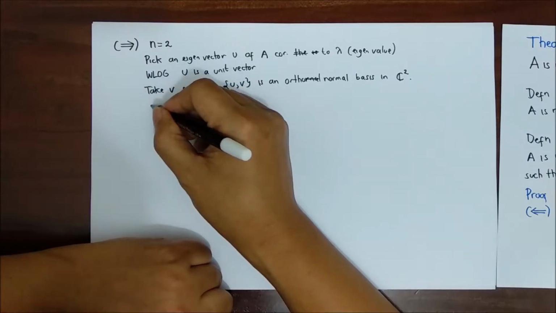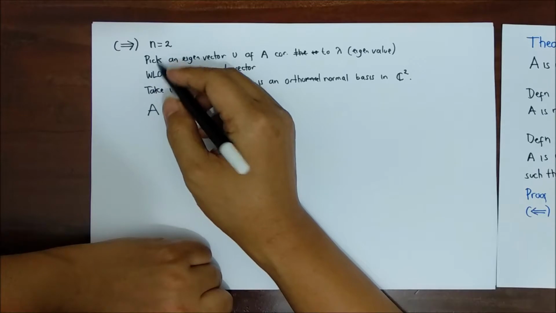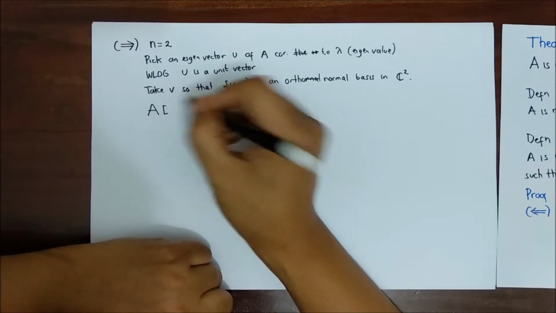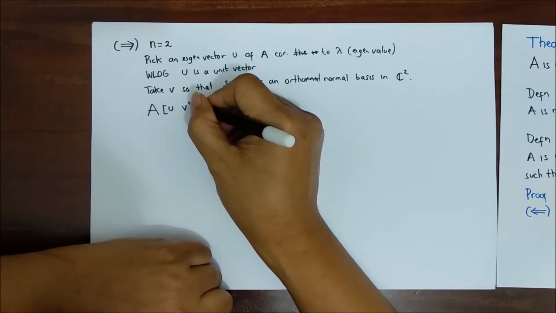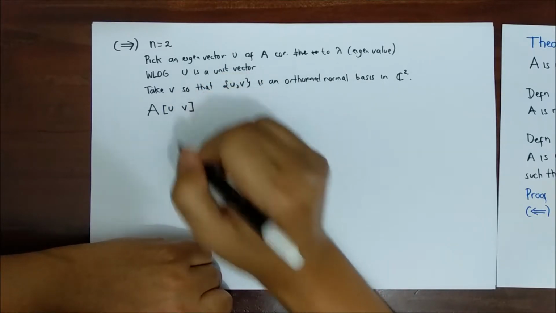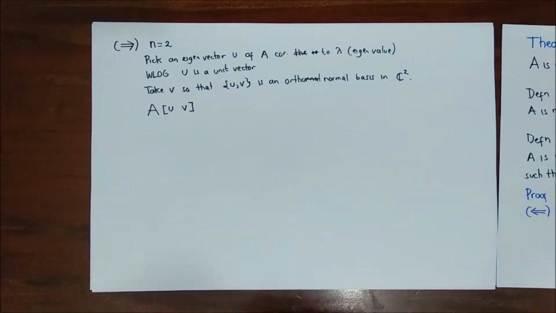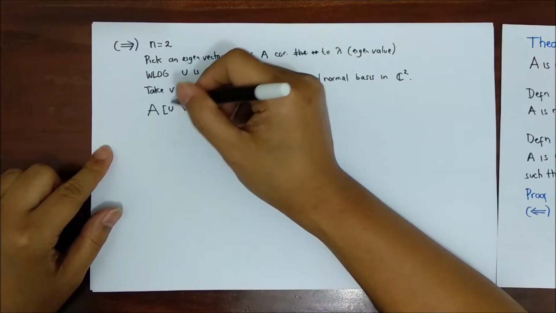Now observe that if we multiply A, which is a 2 by 2 matrix, with the matrix u v, and we want this to be our unitary matrix.